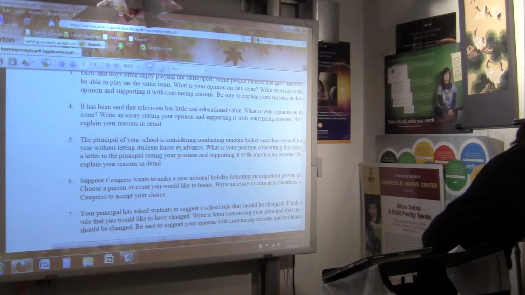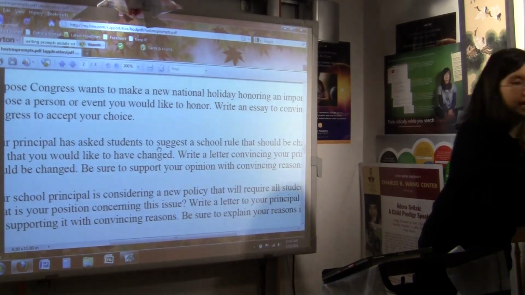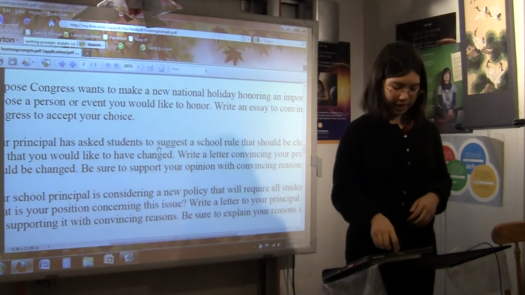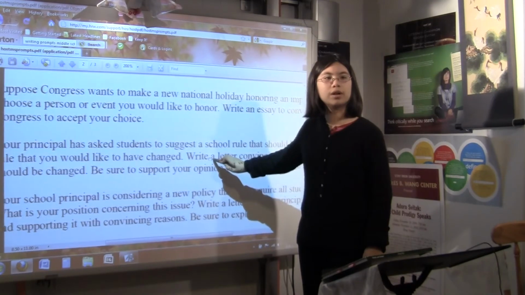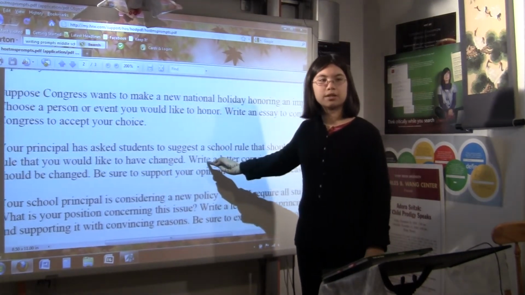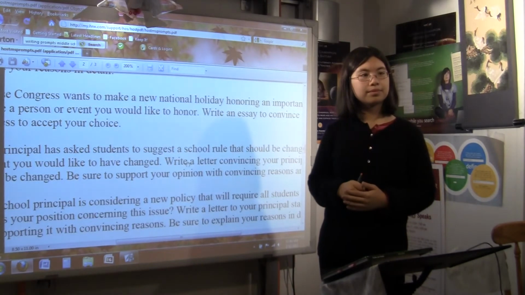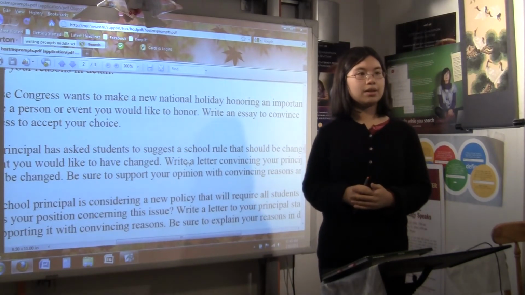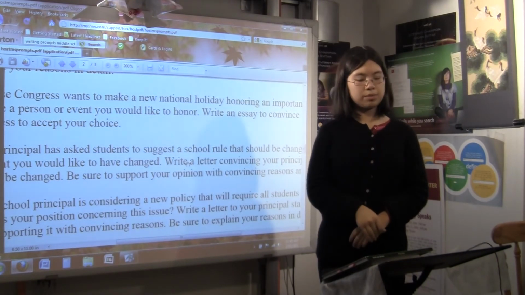But okay, so what kind of writing would that be then? Persuasive, expository, narrative. Suggest a school rule and convince the principal why that should be changed. Persuasive. Okay, so someone suggests a school rule they think should be changed.